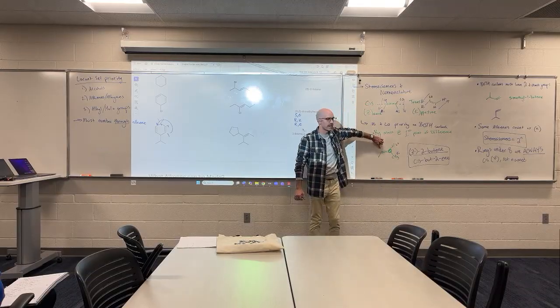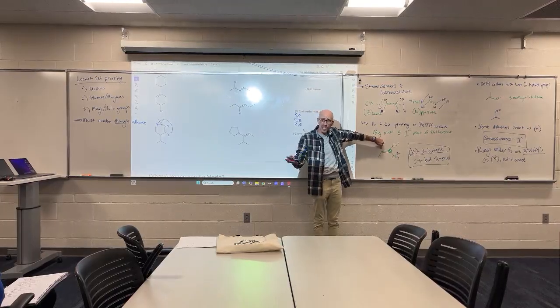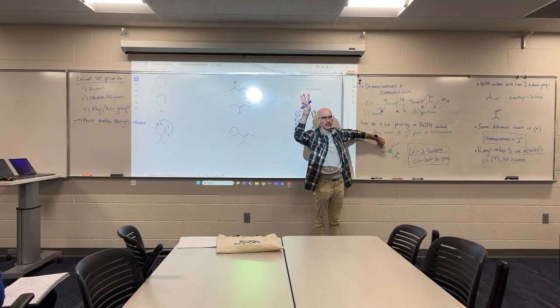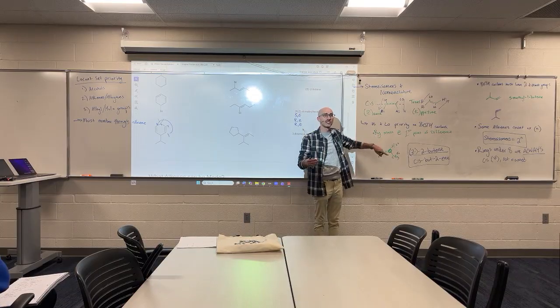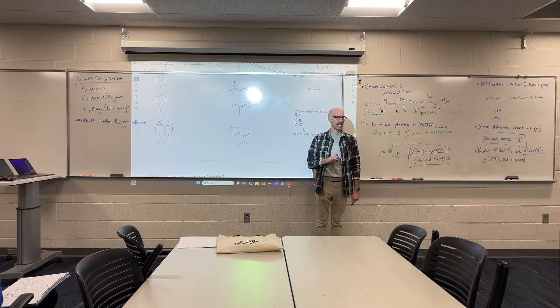For instance, we named this as 2-butene. What carbons are involved in the alkene? Carbons 2, obviously, and carbons 3. We don't specify that carbon 3 is a part of the alkene because we count through it. So we hit the alkene at carbon 2, and the alkene continues at carbon 3.